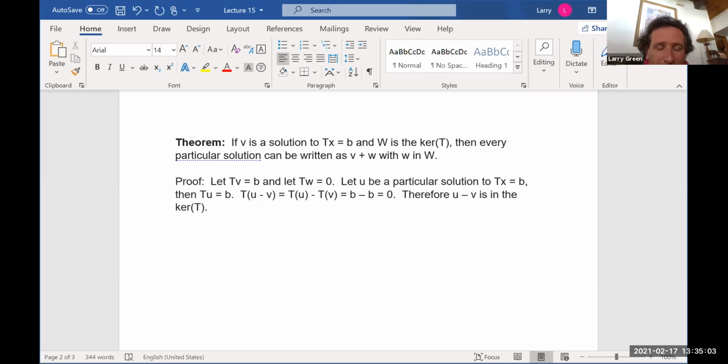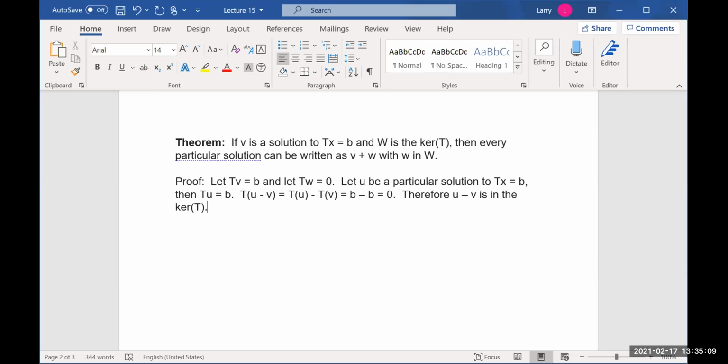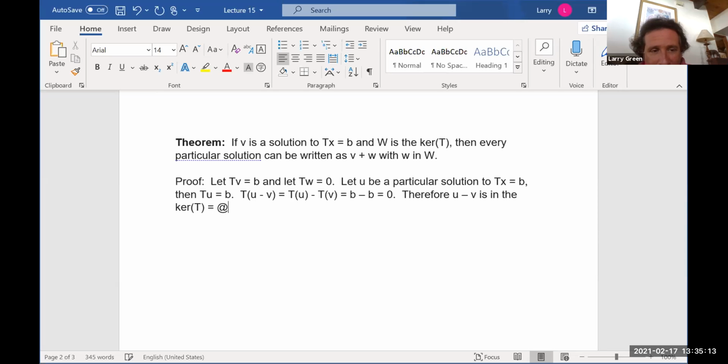If I apply T to it, I get 0. Is that clear? And the kernel of T was equal to capital W. So u minus v is equal to little w, where little w is in capital W.